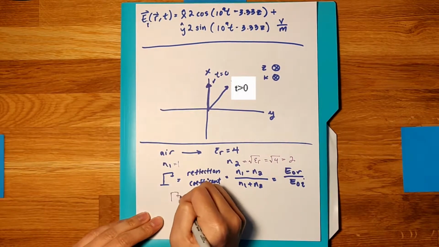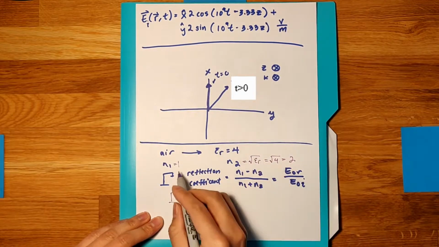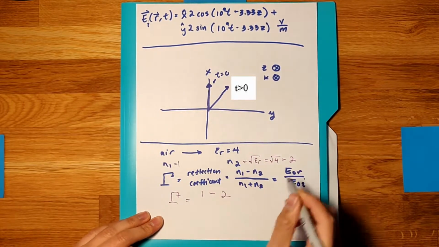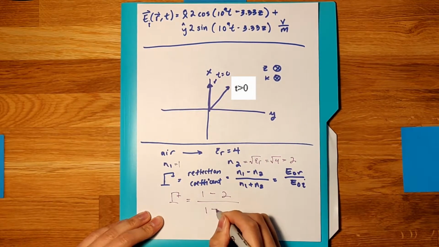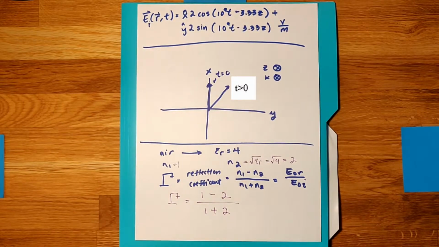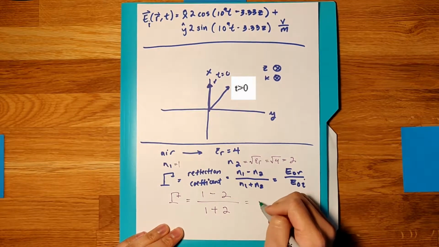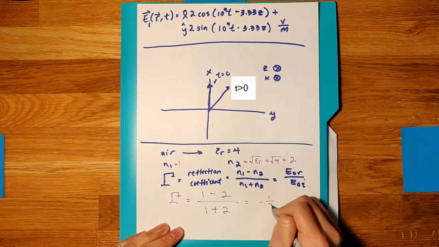So gamma will simply be equal to 1 minus 2 over 1 plus 2, which will just be negative 1/3.